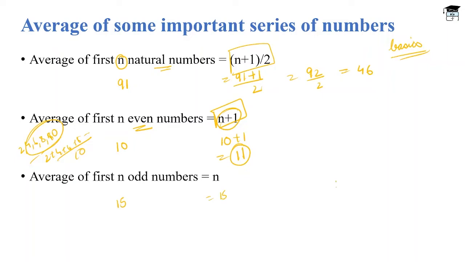You don't have to calculate 1 plus 3 plus 5 plus 7 till 15 terms and divide by 15. We don't have to do these long calculations. So the average of first n odd numbers is n, the number itself. These are very basics and I hope it is clear to you. You just have to use these simple formulas or techniques and you'll get the answers in seconds.